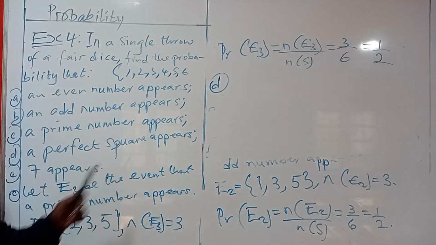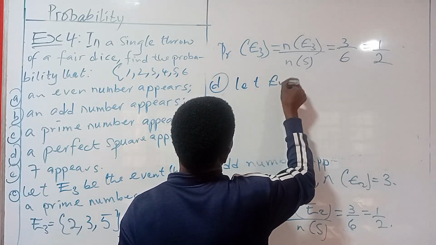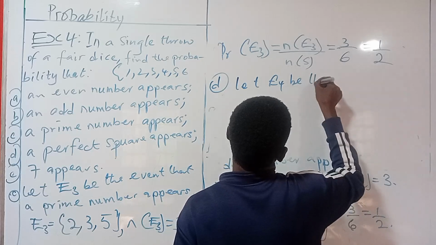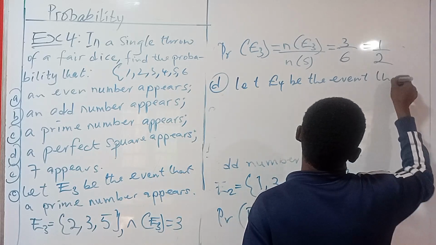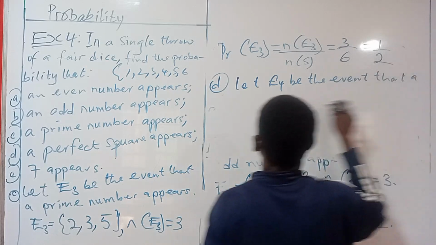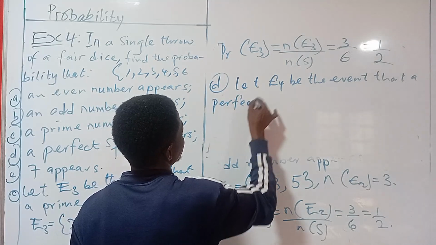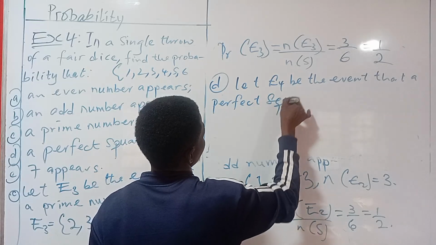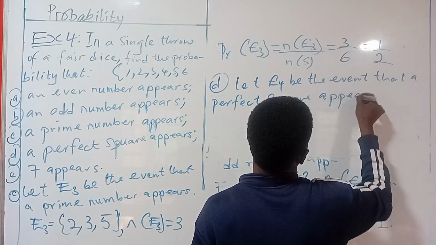A perfect square appears. So let E4 be the event that a perfect square appears.